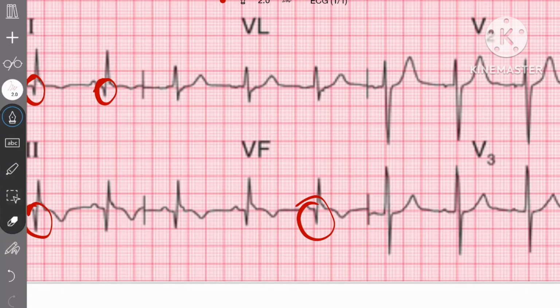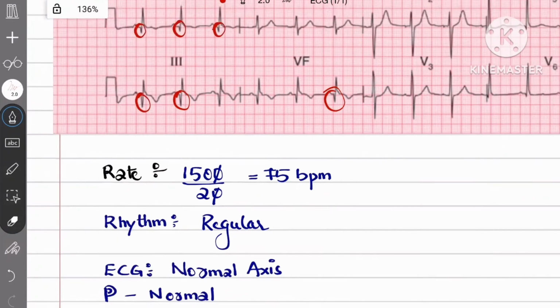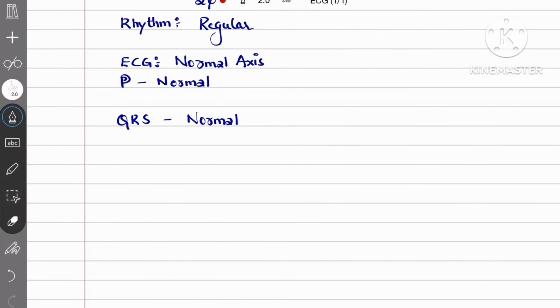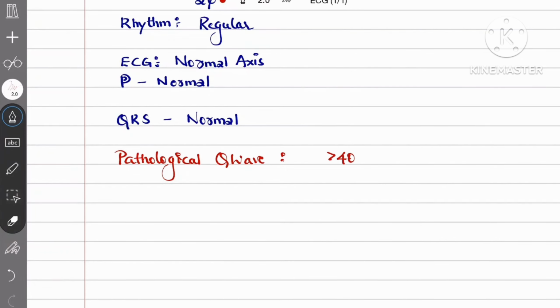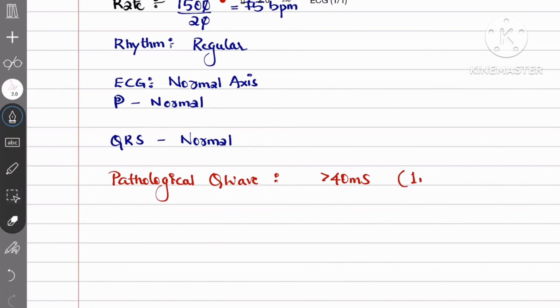A pathological Q wave means it is more than 40 milliseconds wide. 40 milliseconds is 1 millimeter.